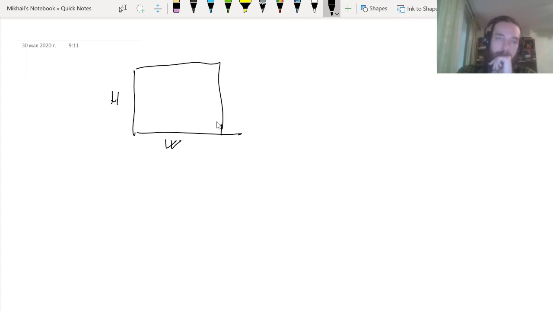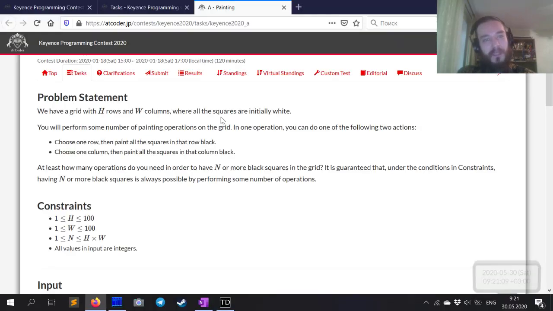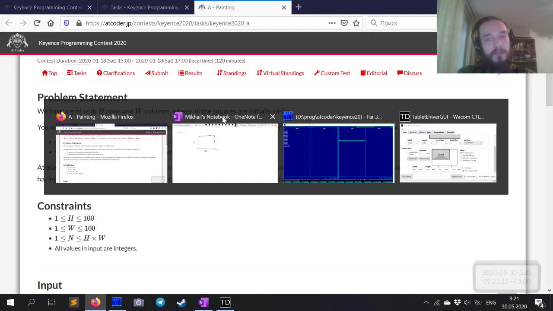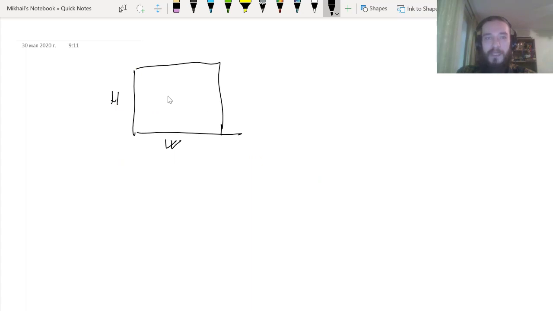In one operation, what's the best we can do? What's the largest number of black squares we can have after one operation? Well, we can either paint a row black, or a column black, in which case we get either W black squares or H black squares.